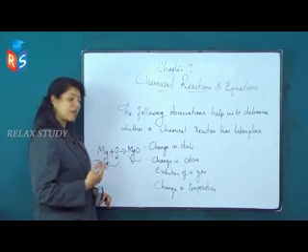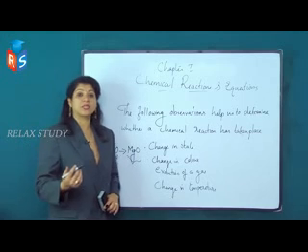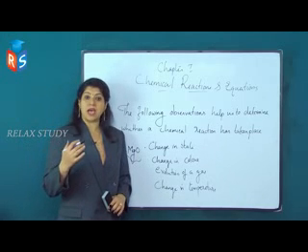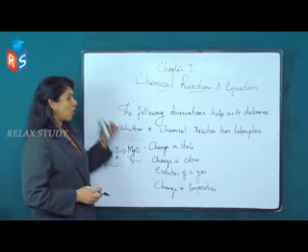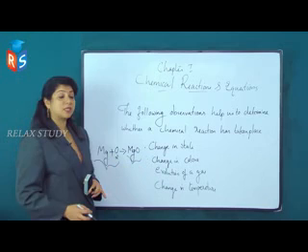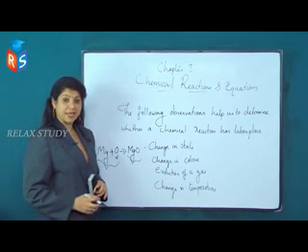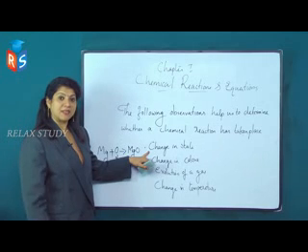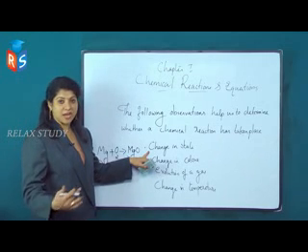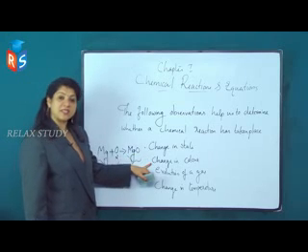And like this, so many reactions are there. Acid reacts with base, a metal reacts with acid. These all are chemical reactions. The following observations help us to determine whether a chemical reaction has taken place. First, change in state. State may change after a chemical reaction. Next, change in color.